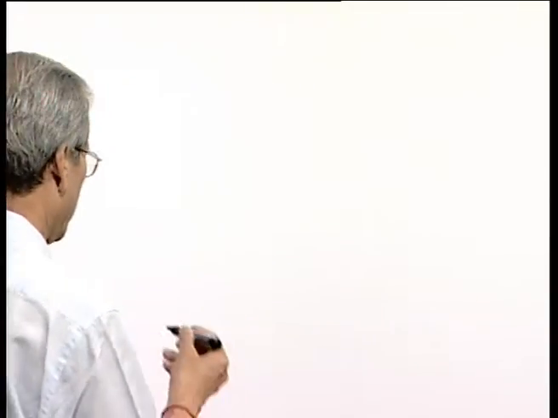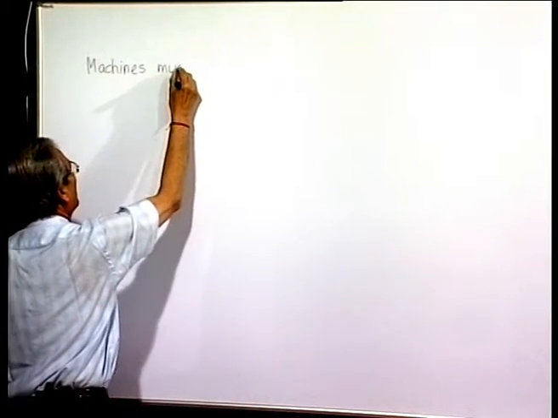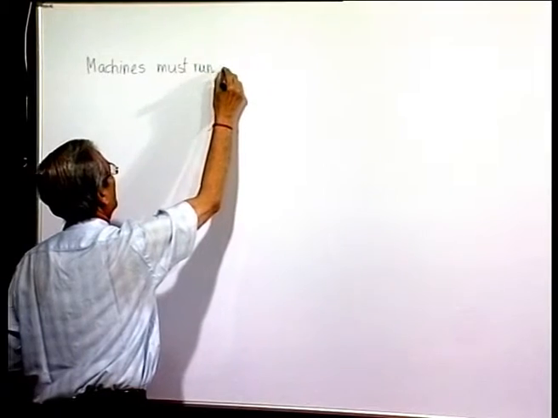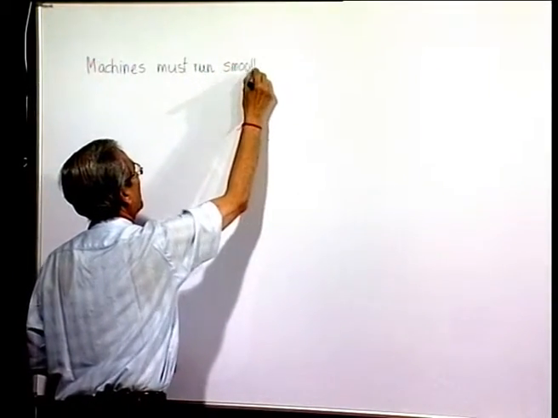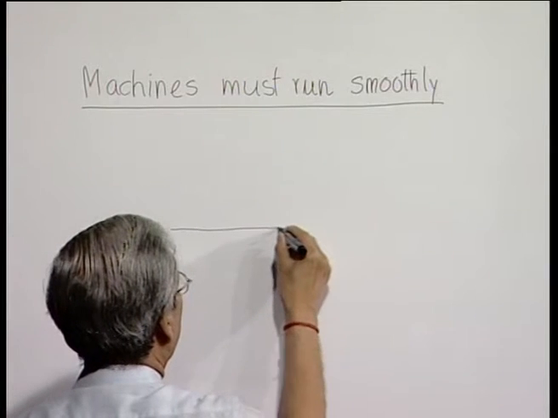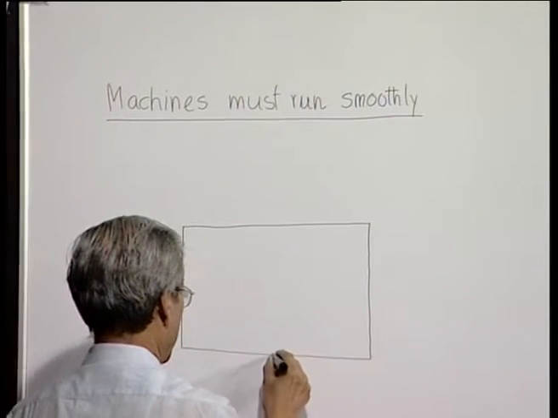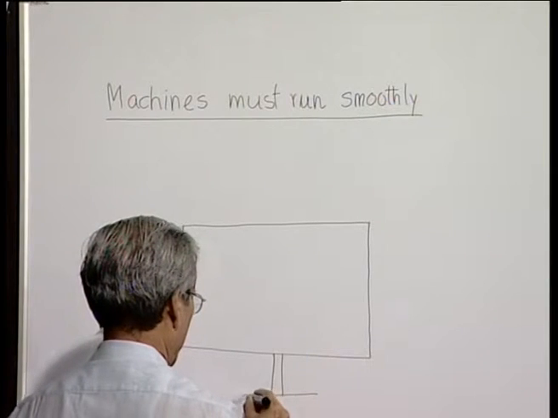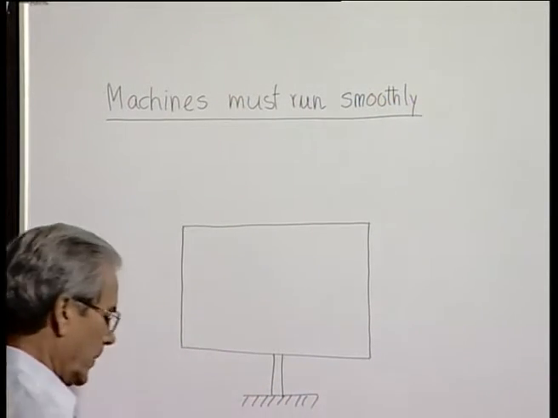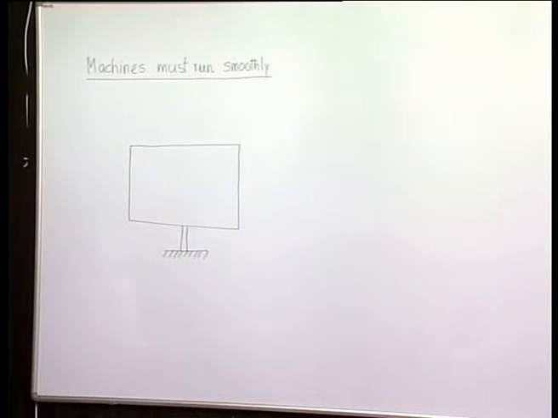So, if we have a machine just indicated by the outline, and it is supported, then in static condition, when the machine is not running, the support will be subjected to only the gravitational pull, which does not change with time.